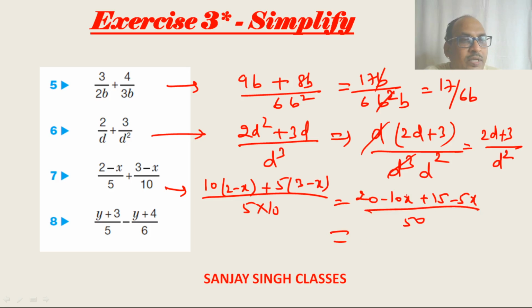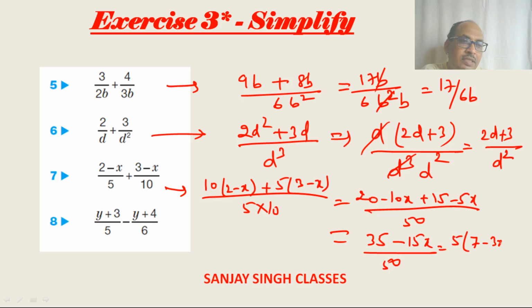Okay, right. So 20 plus 15, 35, minus 10x minus 5x, minus 15x divided by 50. We can take 5 as common factor. So we can write 5 into 7 minus 3x by 50. With this 5, we will cancel and our answer will become 7 minus 3x by 10.